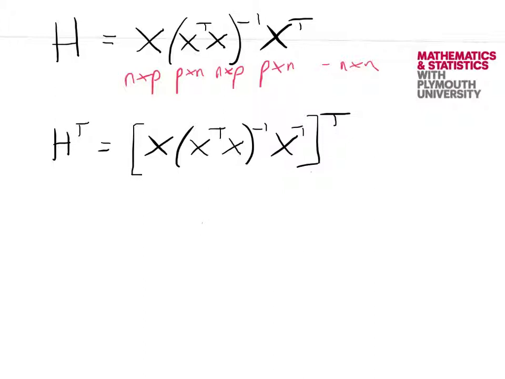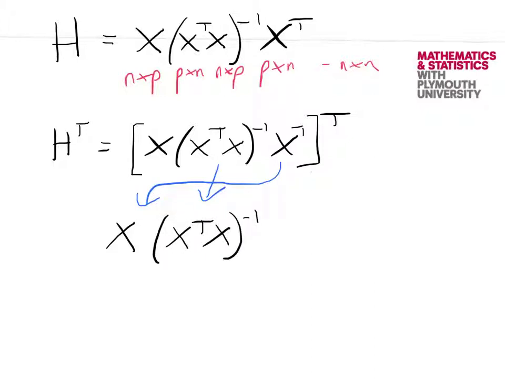This is C, so we take this down and transpose it. X transpose transposed is X. This term comes down here, so this will be (X transpose X) inverse, and we should transpose that, but we can check if you want, that's a symmetric matrix, so that is its own transpose.